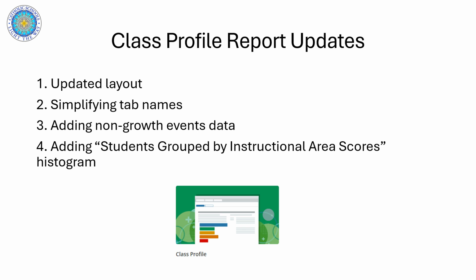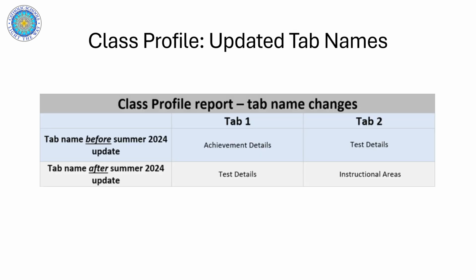If you are new to NWEA, none of this will make sense, and you will only be familiar with the new and updated report. The class profile report has two tabs with data that you can view.